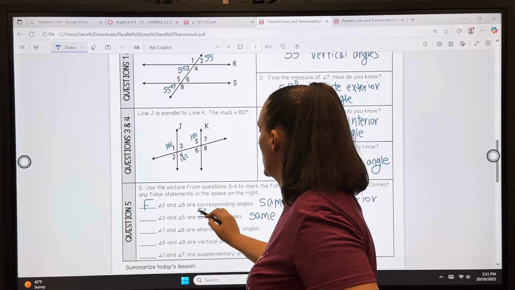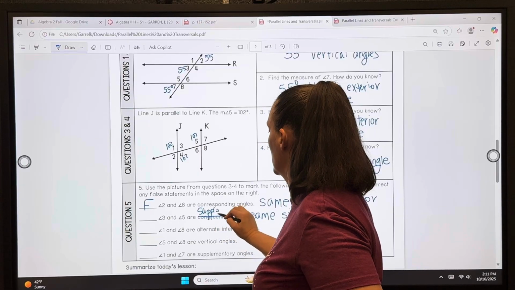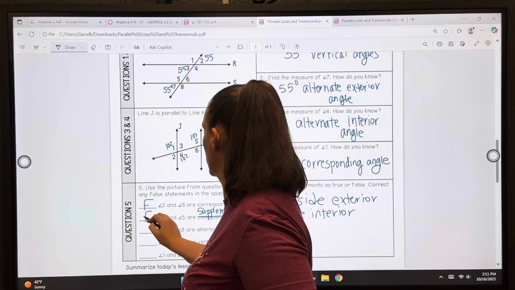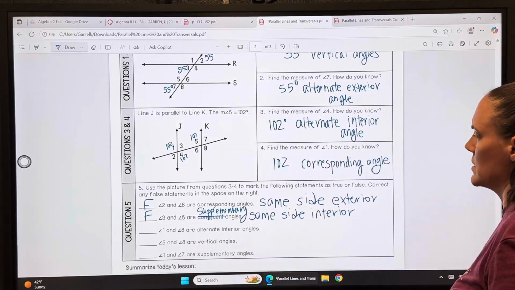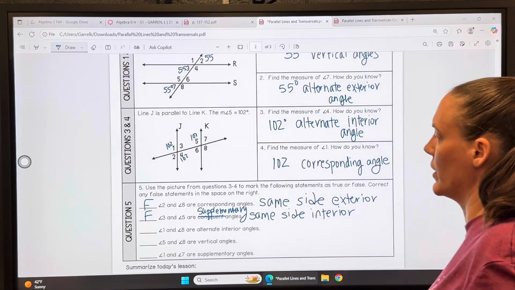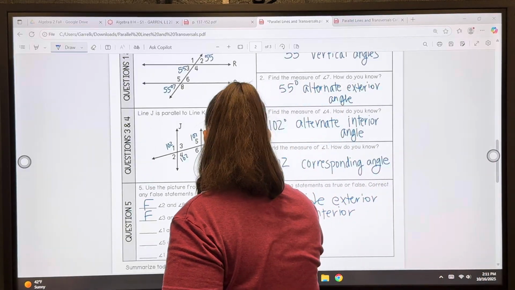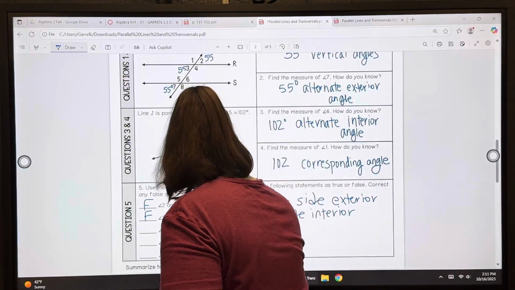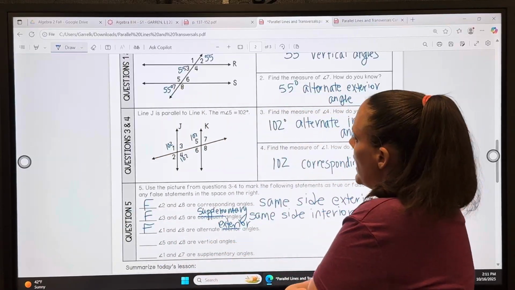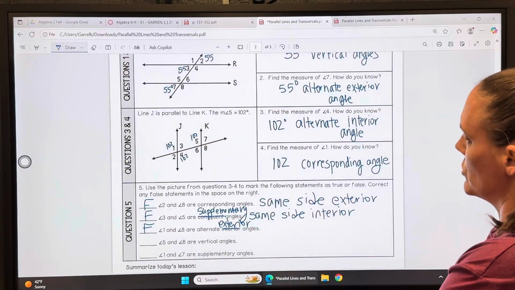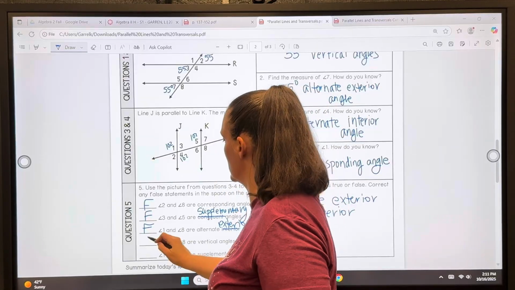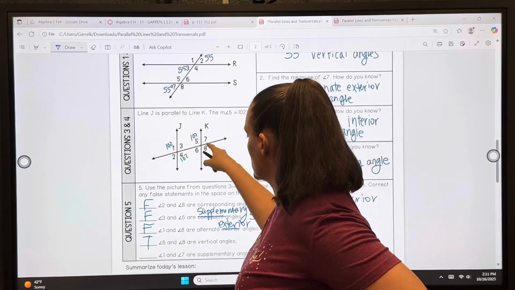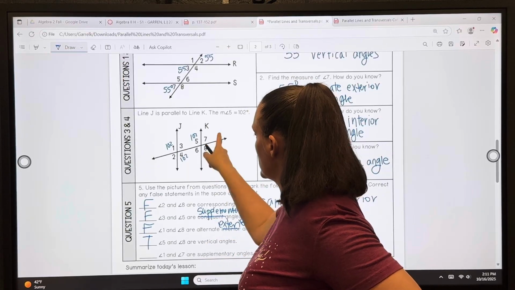That means that they are supplementary. 1 and 8 are alternate interior. No, they're alternate exterior. They're giving us lots of falsies. All right, 5 and 8 are vertical. That is true. They're across the diagonal from each other. 1 and 7 are on the same side and they're on the outside, so exterior. Do they add to 180? Yes.